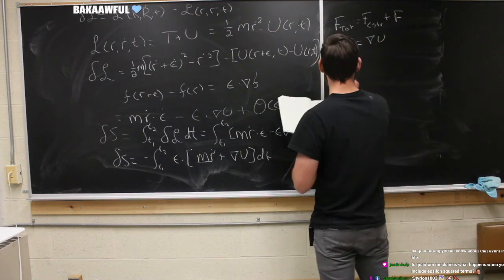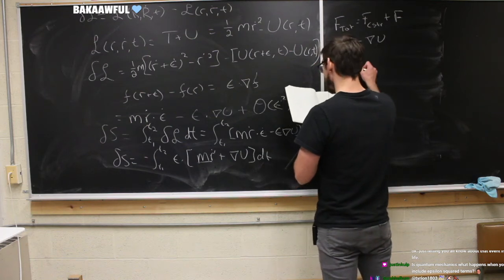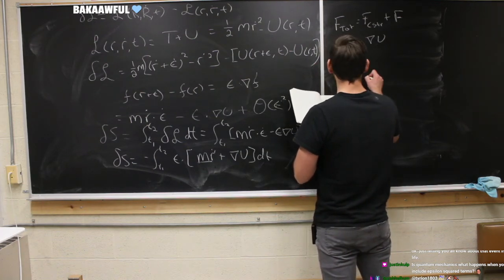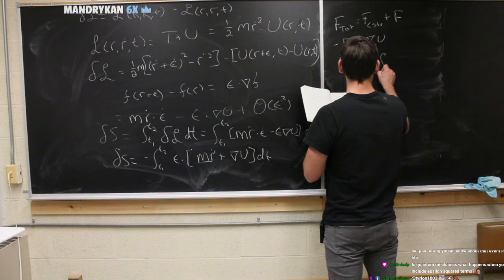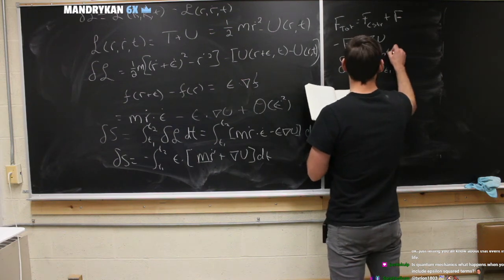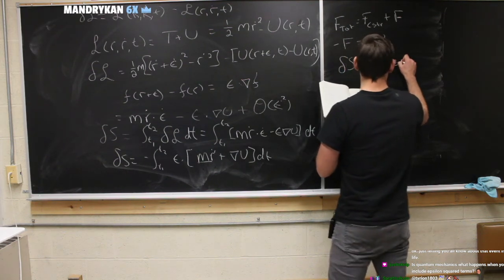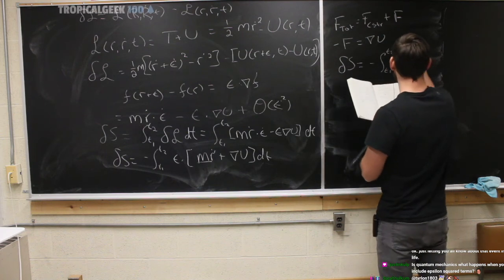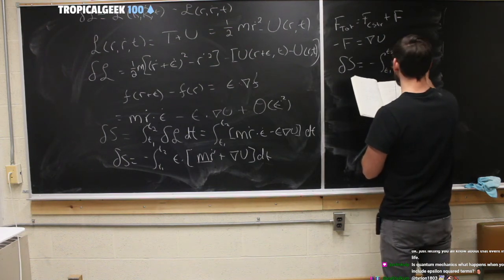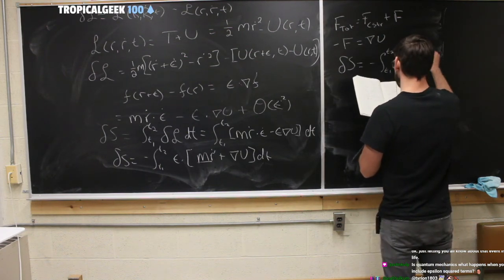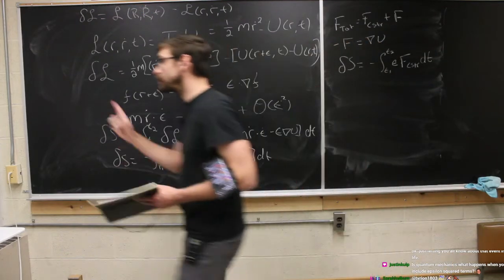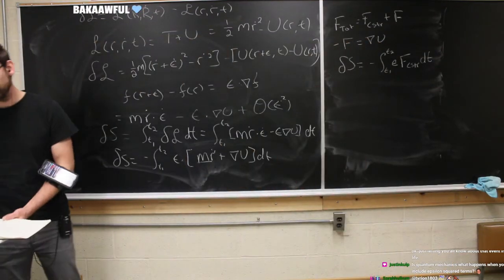This becomes the variation of S is equal to negative integral from T1 to T2 of this epsilon dot F of the constraining force. However, the constraining force is perpendicular to the surface.